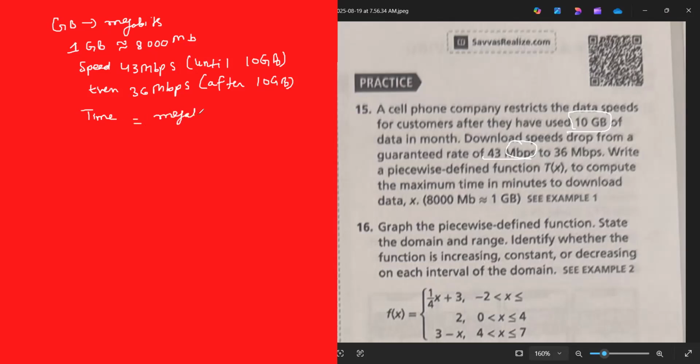Megabits per Mbps, divided by 60. This time is in minutes, that's why I divided by 60. If you want it in seconds, then you can divide by 3600.